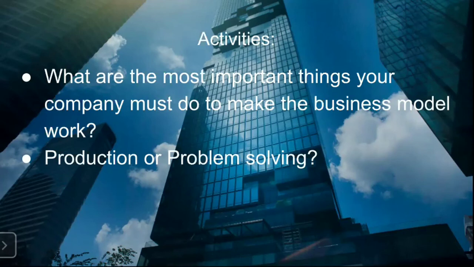And what production and problem solving answers do you need to find to make this work? And so the key activities could be, how are you making sales, but also what activities need to happen for the business to function in general, okay?